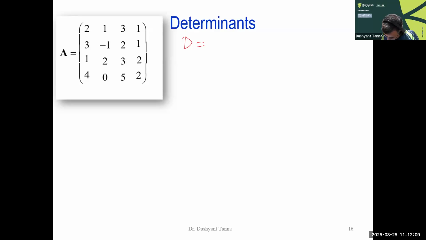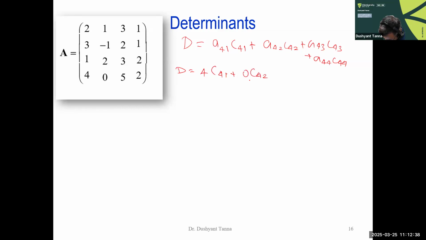So A41 C41, A42 C42, A43 C43 and A44 C44. If you want, I'll write one more step. A41, that is 4 times C41. This is 0 times C42. Such a blessing, 0 times something. So I would not worry about finding that cofactor.